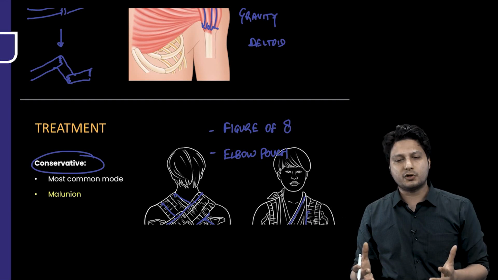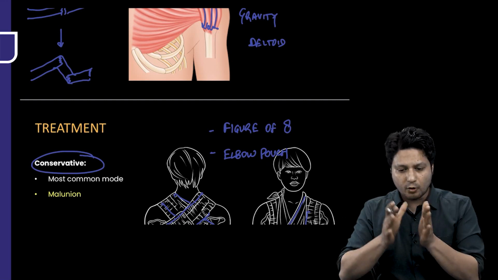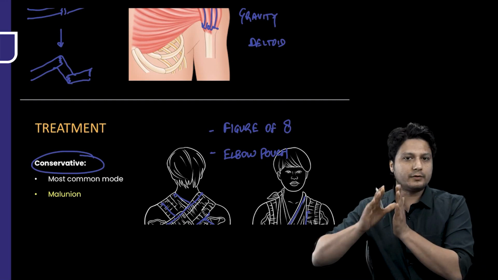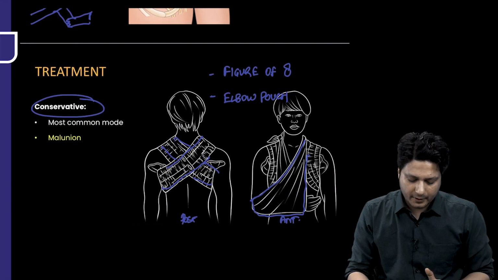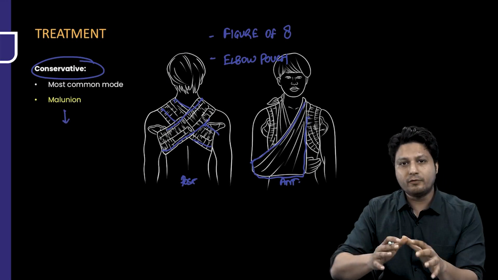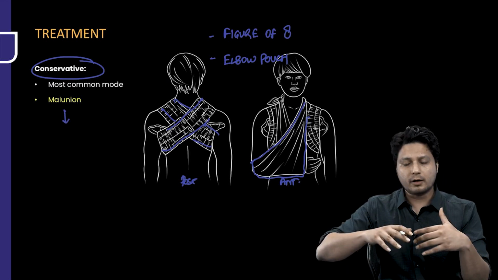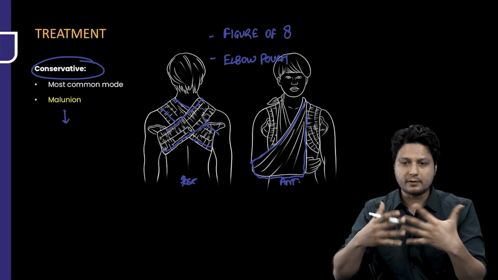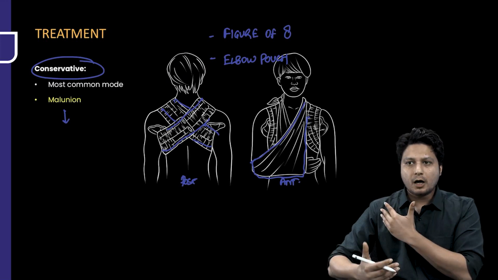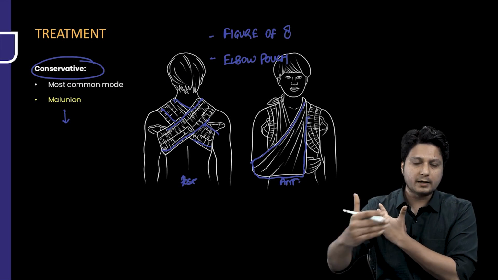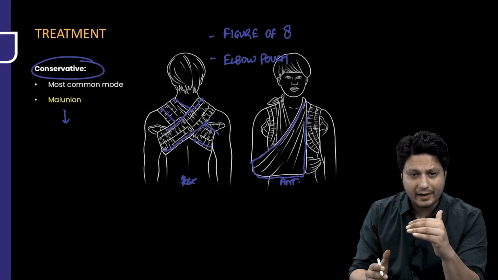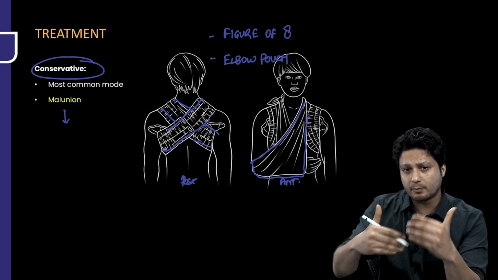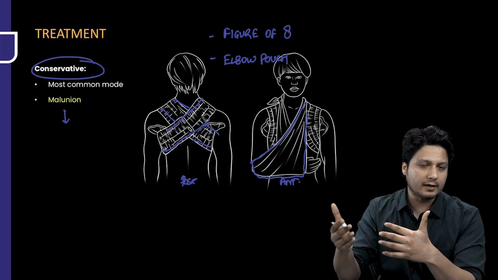Now, if somebody asks you whether there is going to be any impairment of shoulder movement associated with this malunion, just try to understand, because every time there is a fracture of a bone which has malunited, or if the fracture has gone into non-union, then there is a possible associated abnormality of movement related to the joint next to that bone. But if this bone has gone into malunion, is it responsible for creating a functional impairment in the long run?